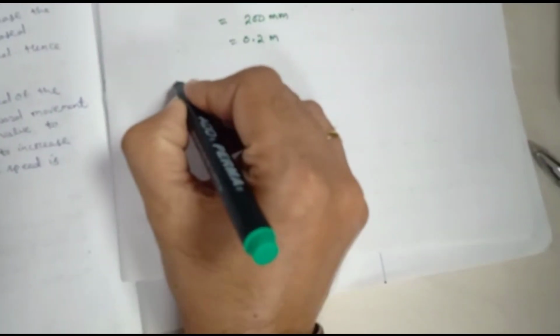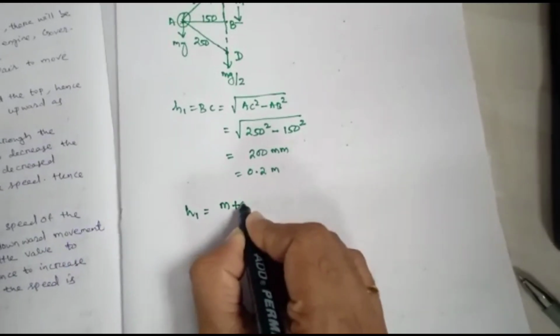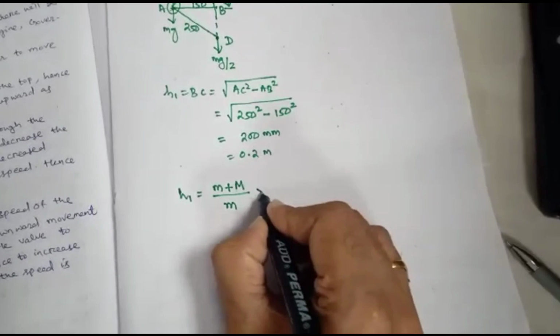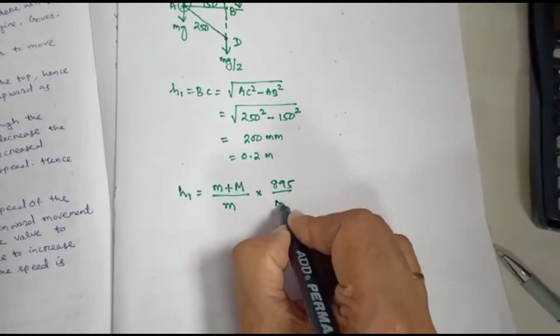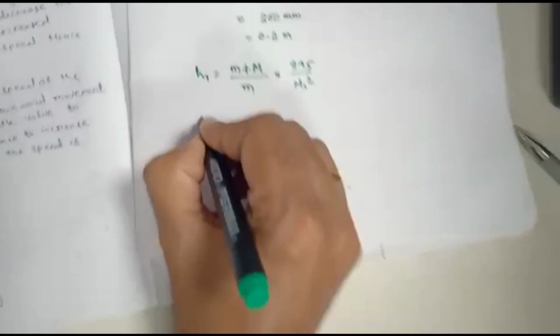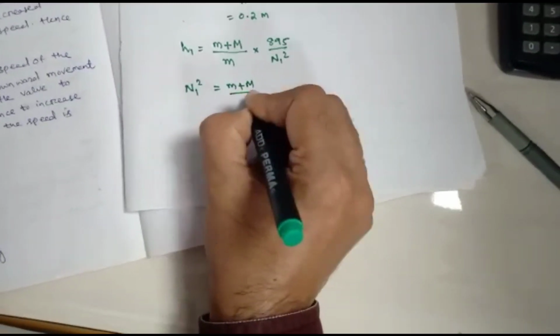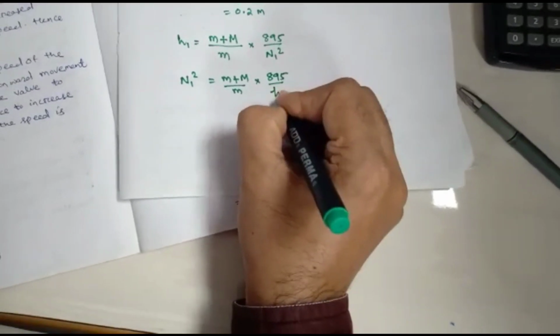Then we know H1 is nothing but mass of the ball plus central load mass by mass of the ball into 895 by N1 square. From here we can find out N1. N1 square will be equal to M plus m by small m into 895 by H1.